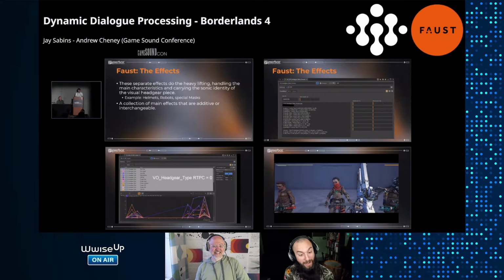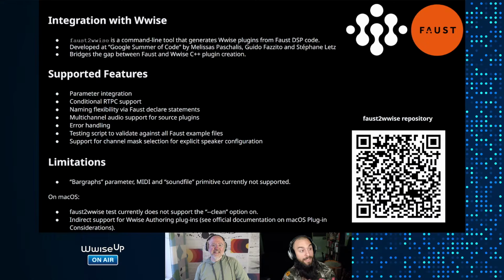So if you want a motivation, I think that here is a good one. The integration with Wwise is a simple command line tool that you can use in the command prompt, and it generates all the plugin. It was developed at the Google Summer of Code by Melissa Pascalis, me, and Stefan Letz.